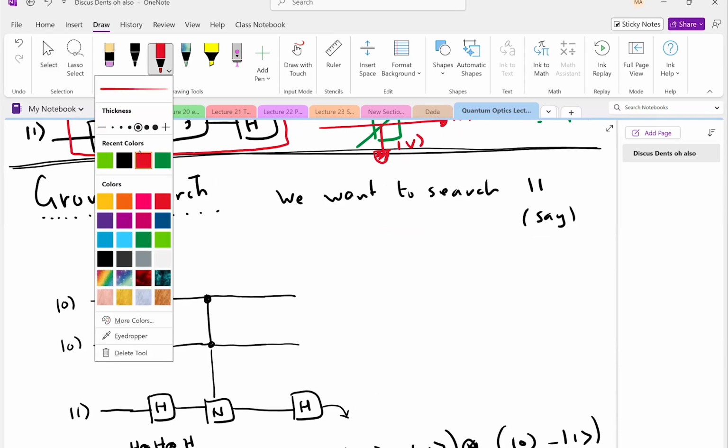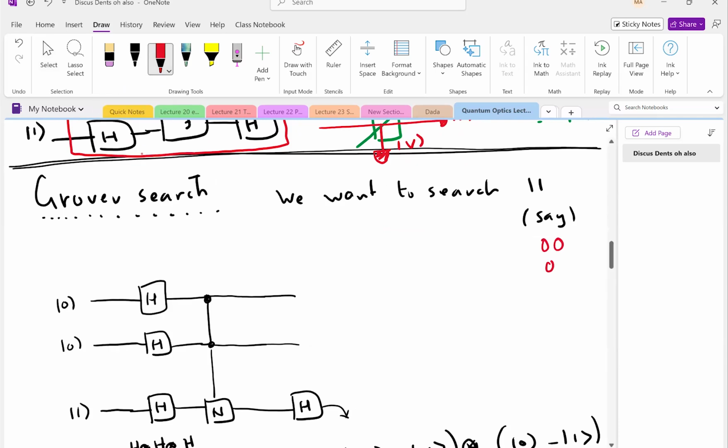So if I have 2 bits, the database will comprise these 4 strings. And suppose this is a string that I would like to search. This is my target. So classically, I would need at least 2 or 3 computations, 3 measurements in this database to find out my target.